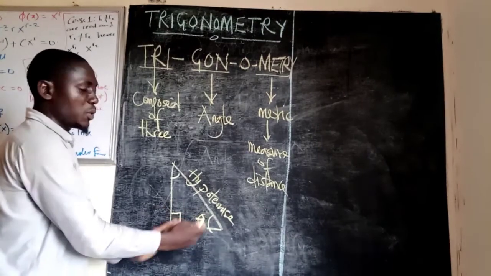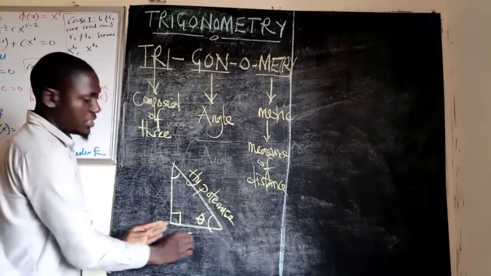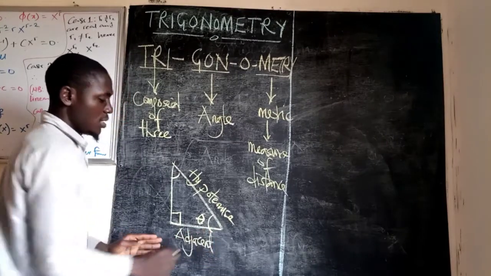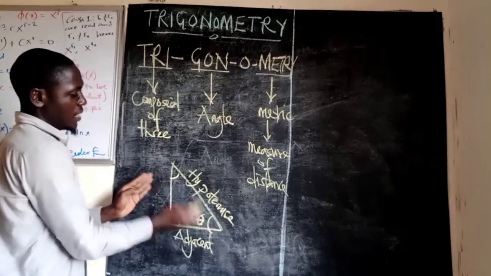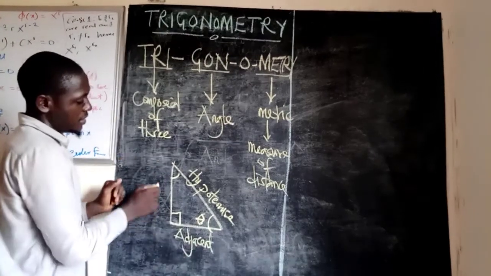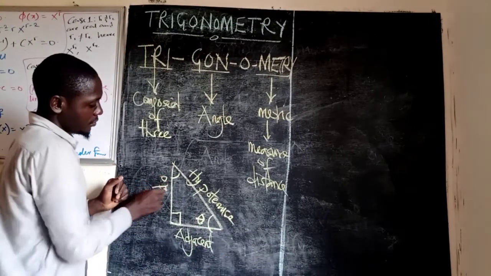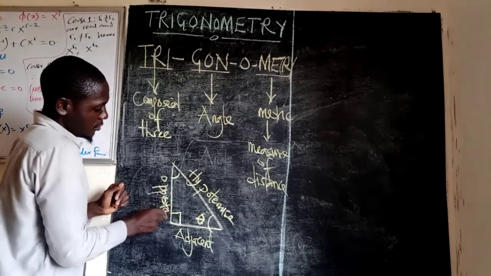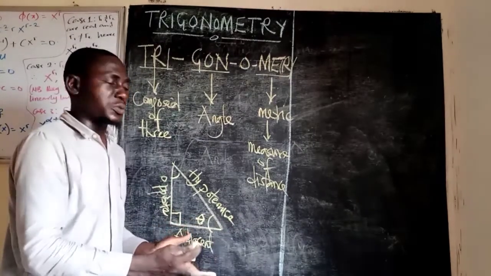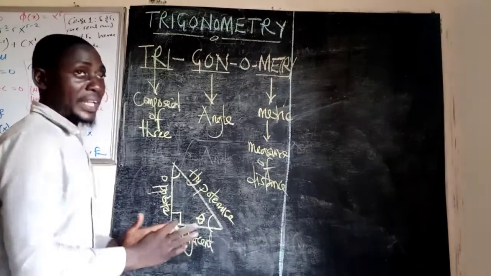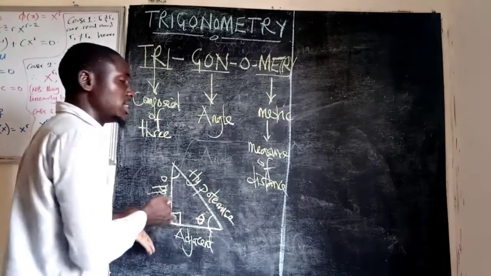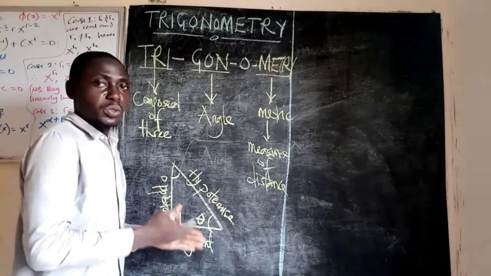Because the angle lies here, we call this the adjacent, and because the angle is first in here, as we've structured the diagram, we call this the opposite. And from here we have what we call the Pythagoras theorem. Pythagoras is a mathematician and a philosopher who worked on a right-angled triangle.